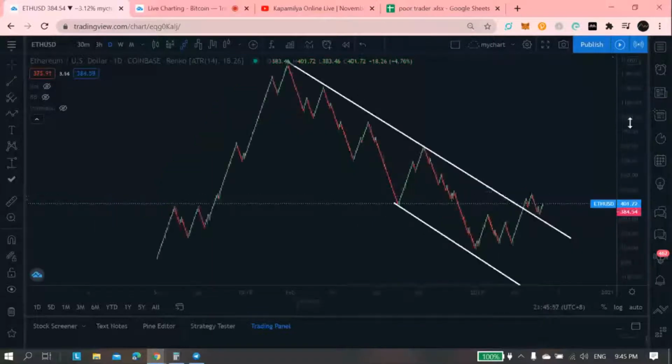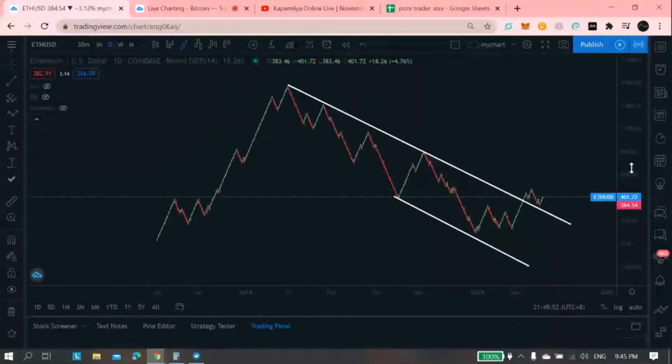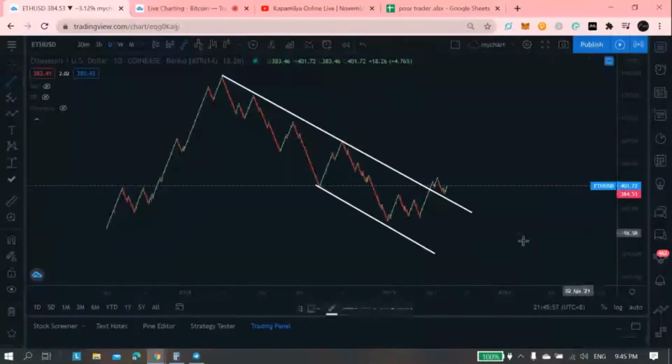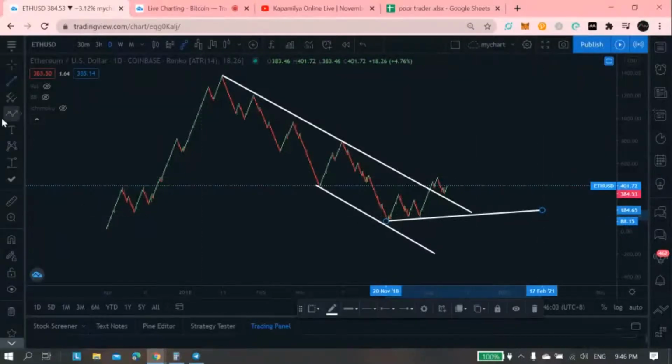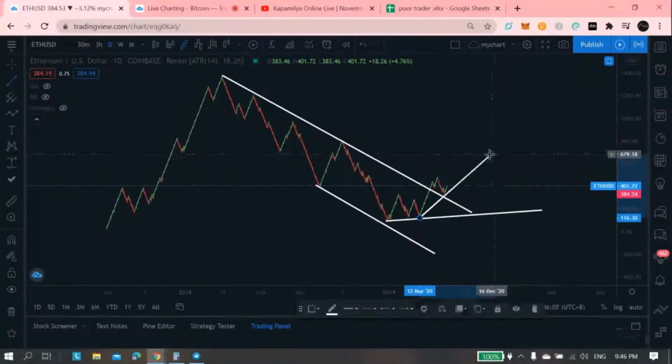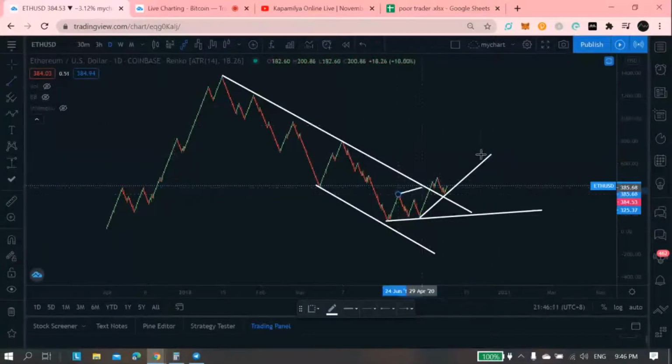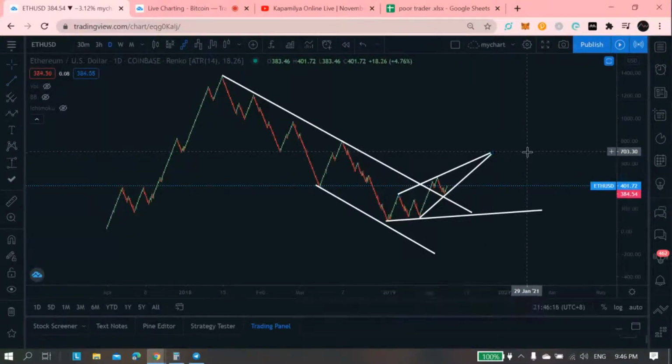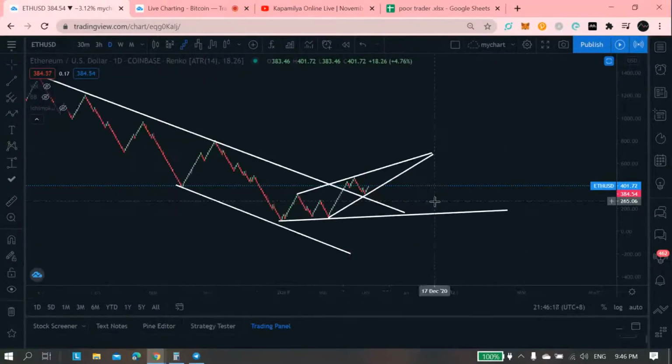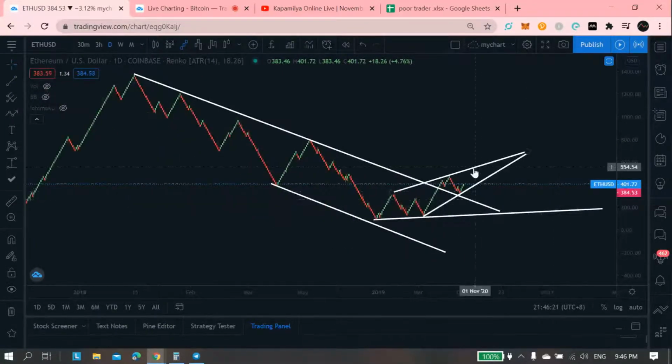I'll just add the Ethereum, because actually I'm expecting it to possibly get back to around the 500 area. So this is what I'm expecting for Ethereum.